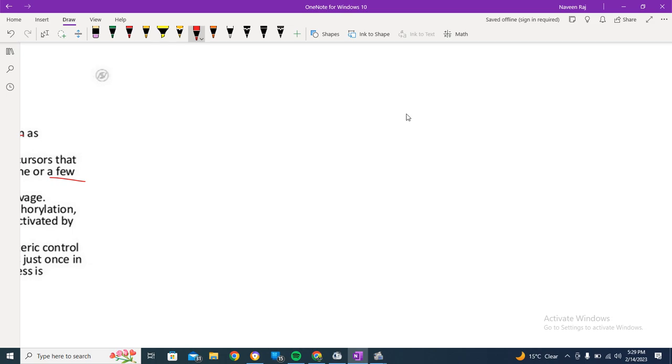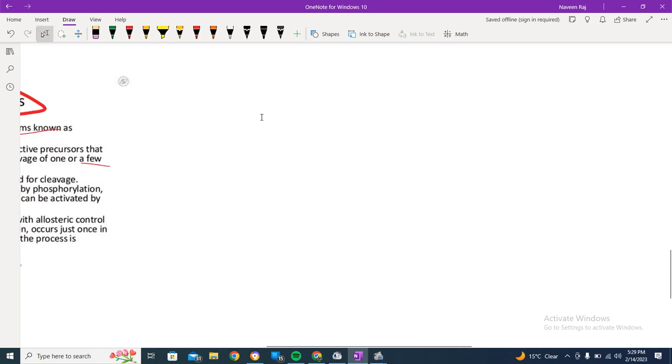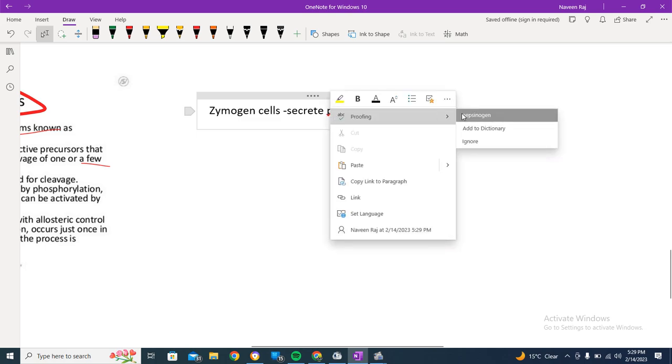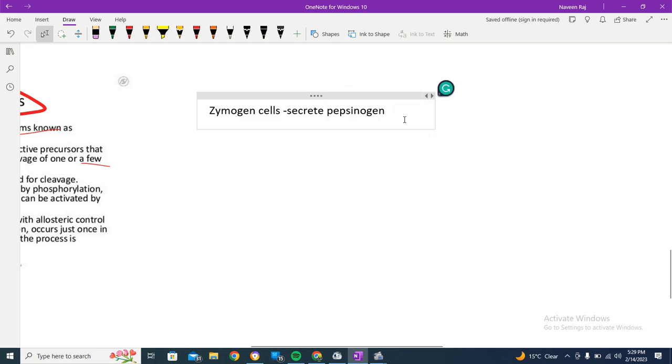Zymogen cells first of all secrete pepsinogen. This is a very important enzyme, and it has a very important role in digestion as well.